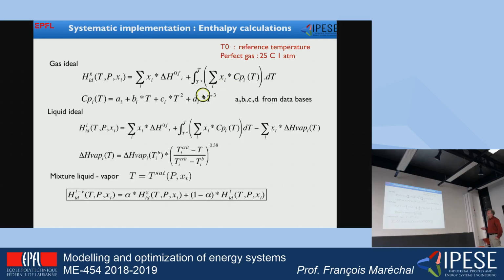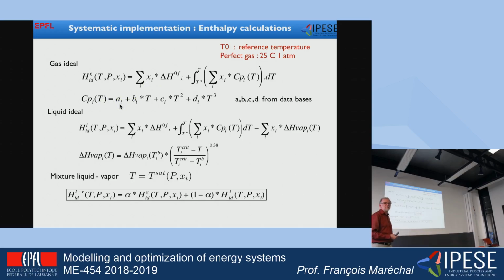And the Cp here is a formula we use with 4 parameters. Okay? What is interesting is that I know how to calculate this integral analytically, because you have learned how to calculate integrals. So I will have an analytical formula that will give me the value of the enthalpy.